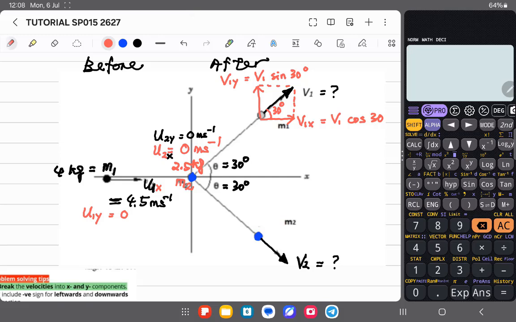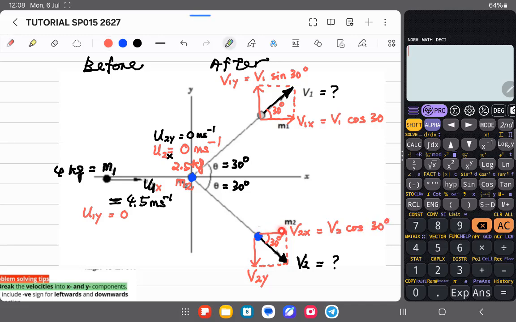Same goes for V2. I can break it down into two components, V2x and also V2y. So this is the direction for the second ball, 30 degree. So the 30 degree will be here. So I'm going to have V2x will be V2 cos 30. Why cos?